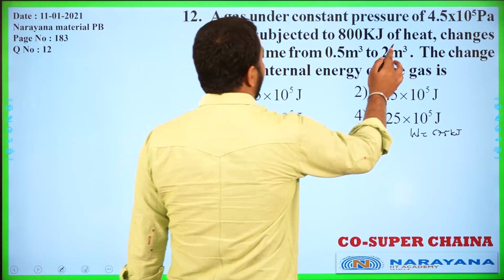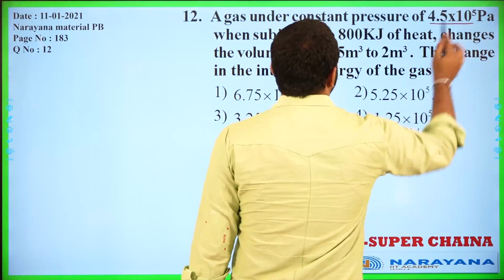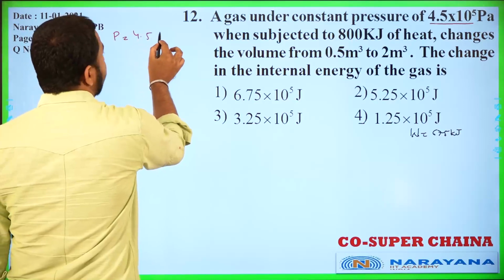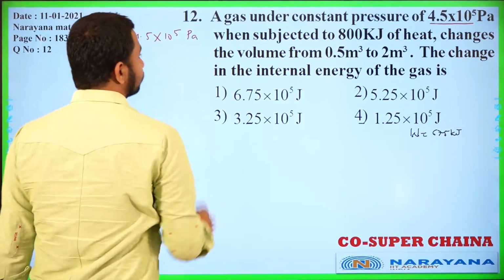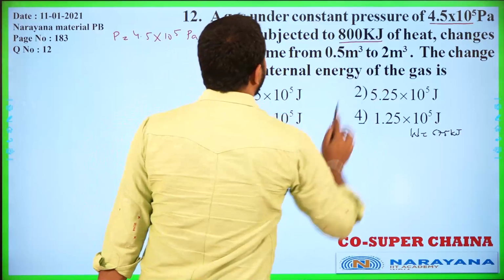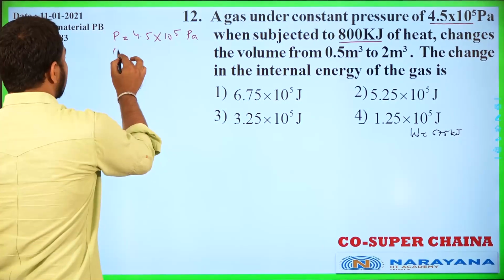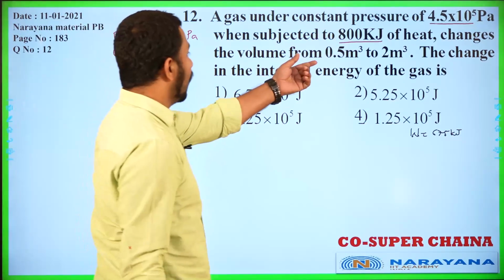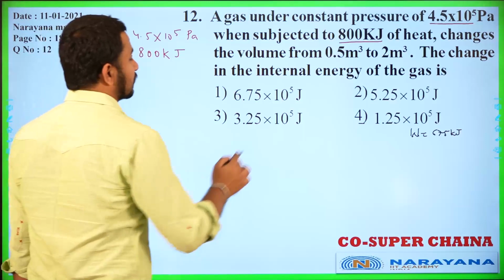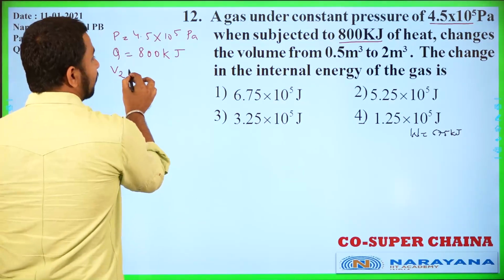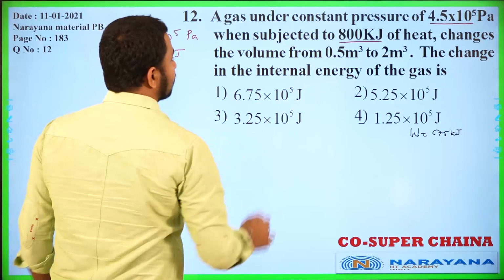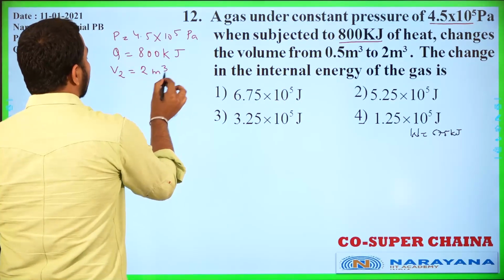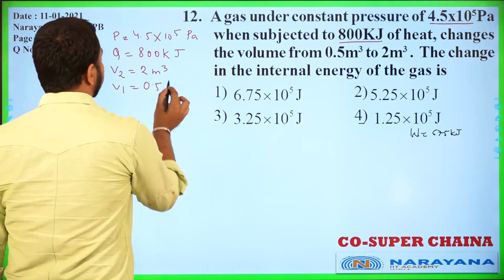A gas is under a constant pressure when subjected to heat. The pressure P is given as 4.5 into 10 to the power 5 pascals, and the heat Q is given as 800 kilojoule. Now the volume changes from this to this, so final minus initial: final V2 is 2 meter cube and initial V1 is 0.5.